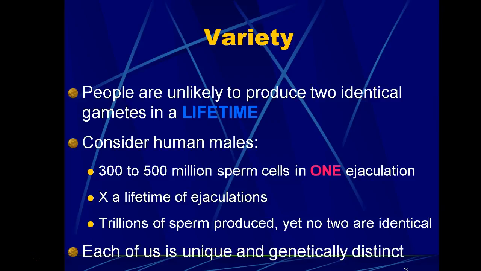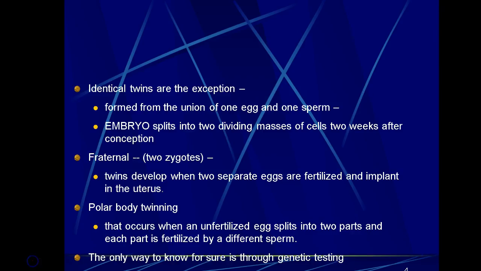We know that each of us is unique and genetically distinct unless we are identical twins. Identical twins are formed from the union of one egg and one sperm, and within the 2 weeks prior to the differentiation process, when cells become specialized, that embryo splits into two separate dividing masses of cells.